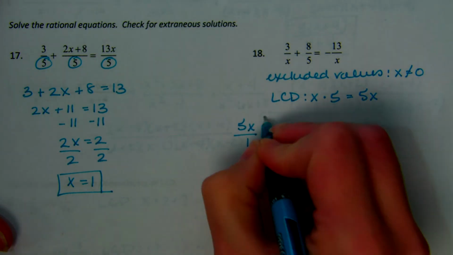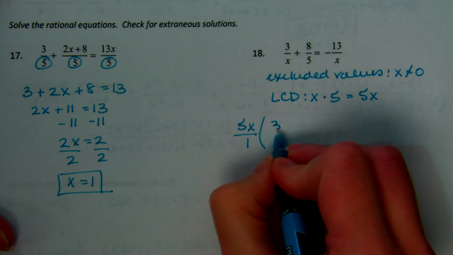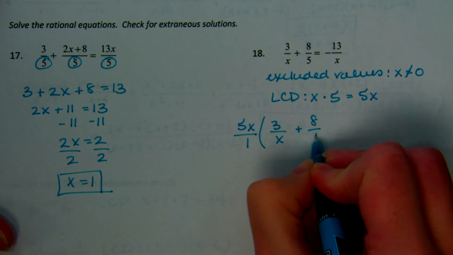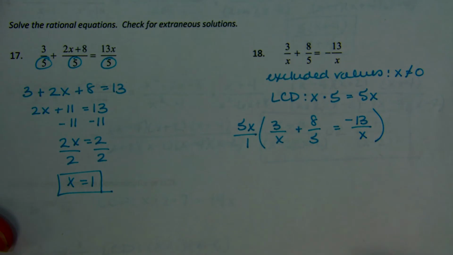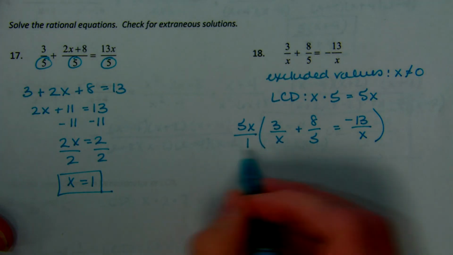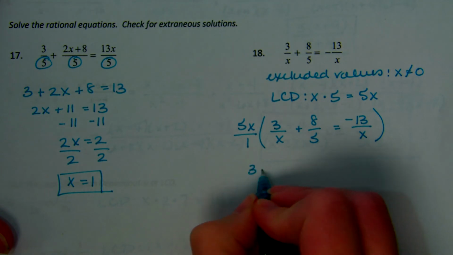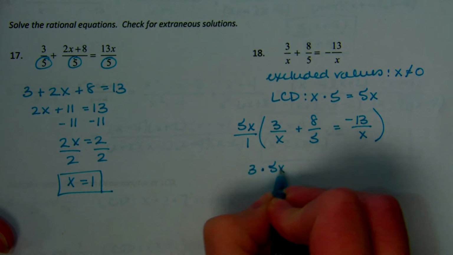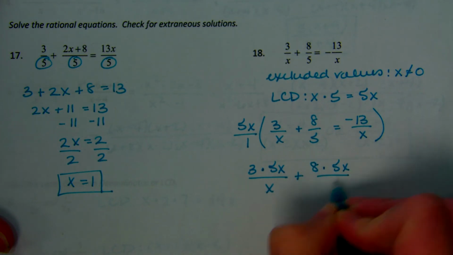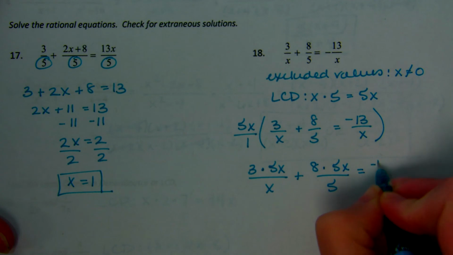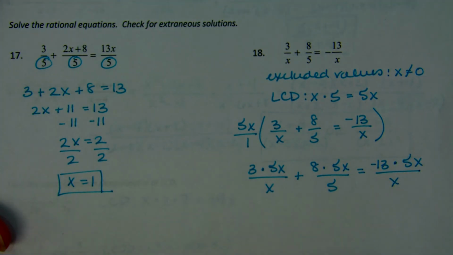So 5x over 1 is, I'm going to multiply through the entire equation by that denominator. 3 over x plus 8 over 5 is equal to negative 13 over x. And guys, don't do the multiplication, just leave them next to each other so we can cross things out. So this is 3 times 5x over x plus 8 times 5x over 5 is equal to negative 13 times 5x over x.